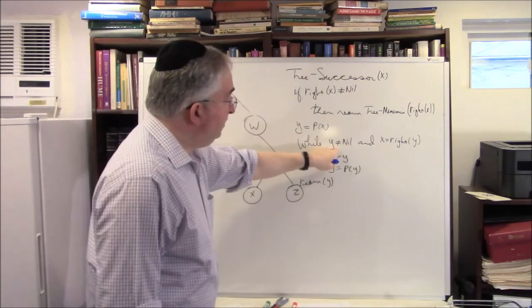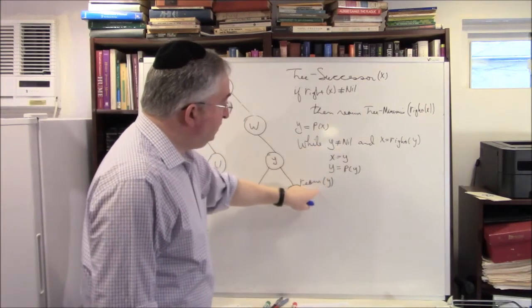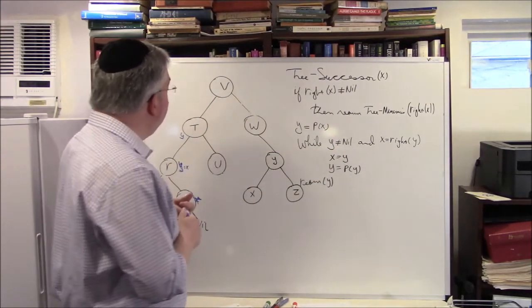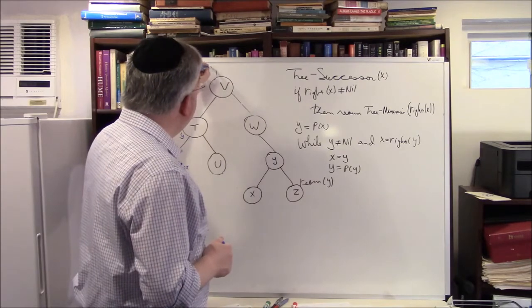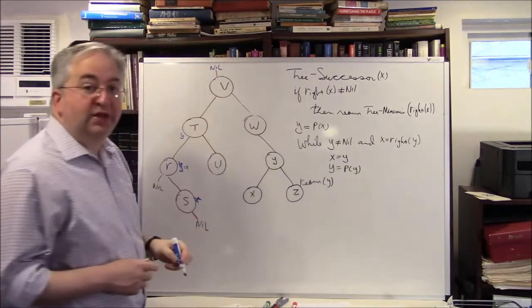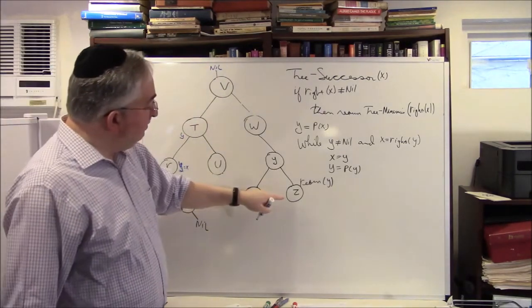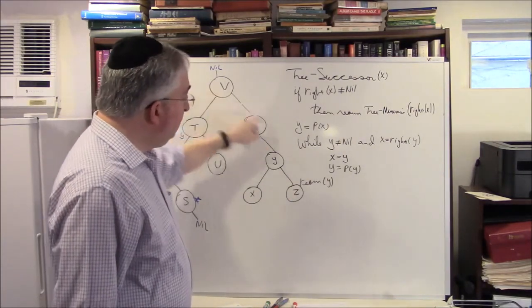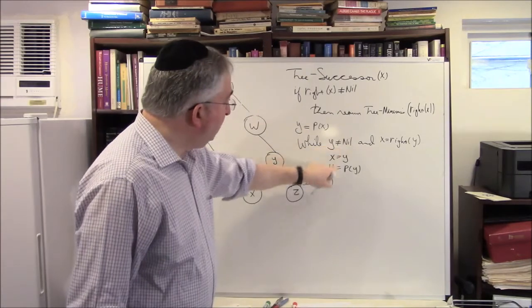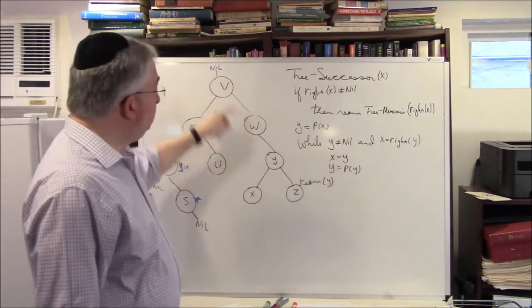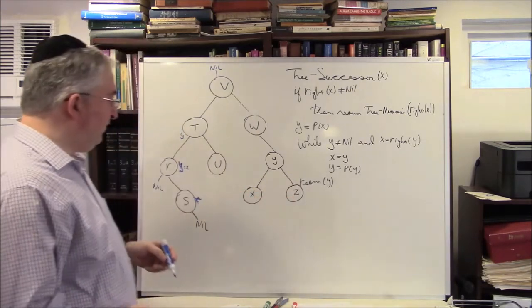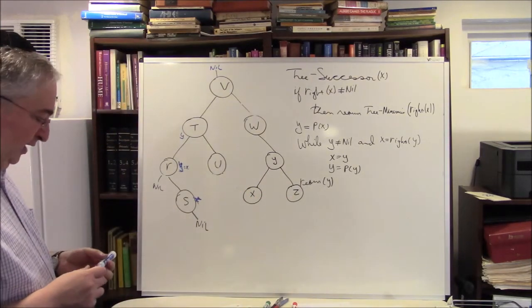Well, then you stop right here and you return y, because the parent of V is nil. The root has no parents. When the parent of V is nil, you fall out of this and you return y. The successor of Z is nil. So that's a very nice, pretty algorithm.